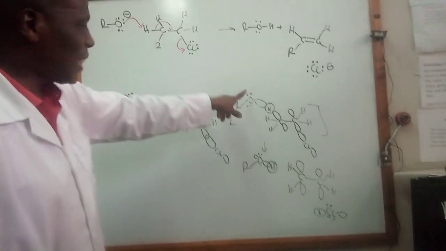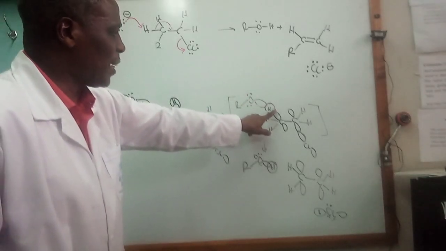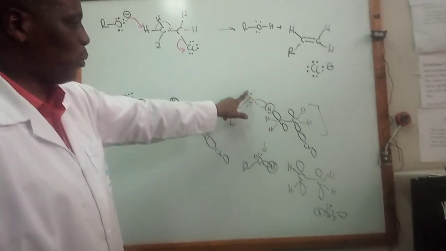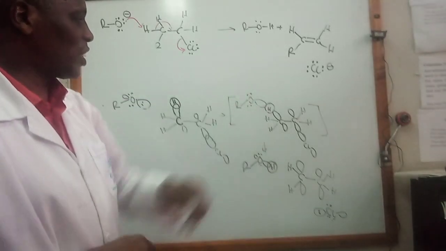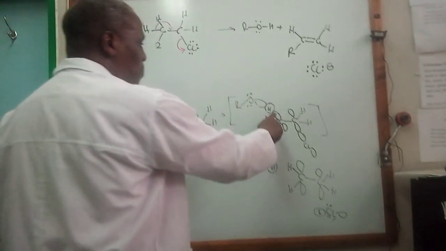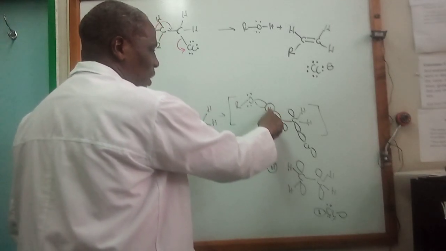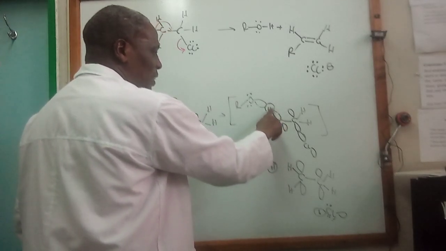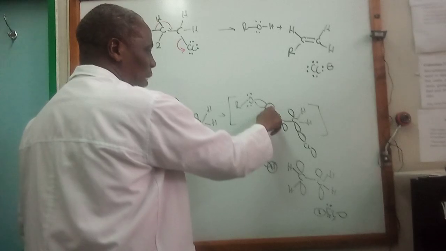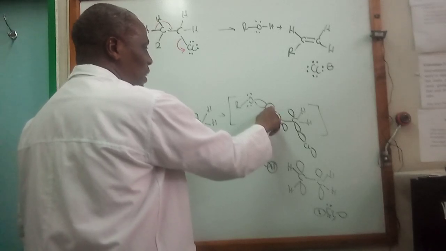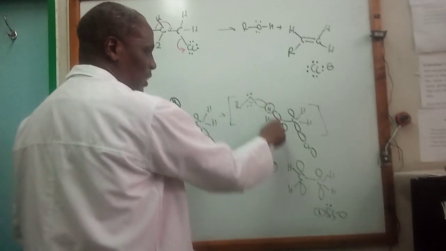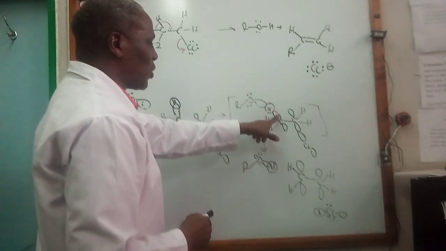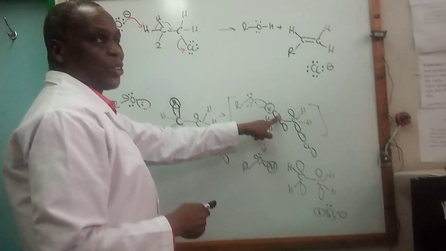So as a result of this hydrogen being pulled, can you see in this illustration, the bond between your carbon and the hydrogen is going to break. So the pair from the hydrogen s orbital is going to be joined to the oxygen here. Now you're going to be left with your orbital there.